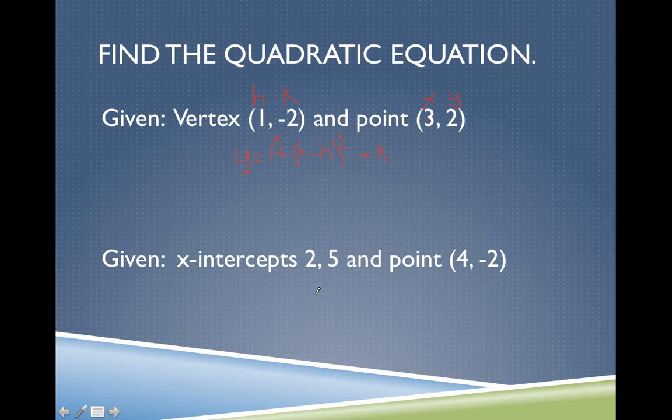Alright, if I give you x-intercepts of 2 and 5, I know now I can use my intercept form. Y equals A(X minus P)(X minus Q). I think we use that as our variable.